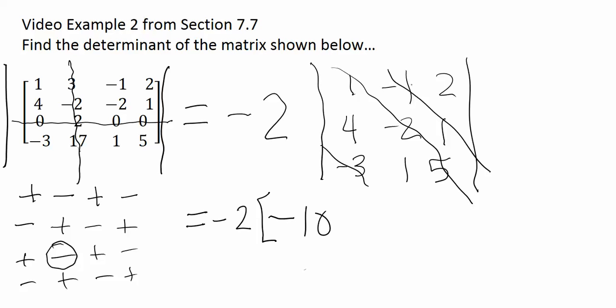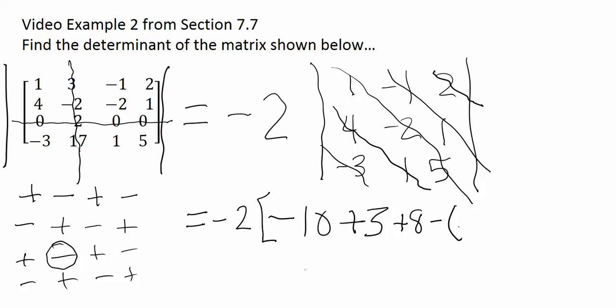The next one is minus 1 times minus 3. That's a positive 3. Then we have the last of the diagonals that move down and to the right. We have 2 times 4 times 1, and that's equal to 8.